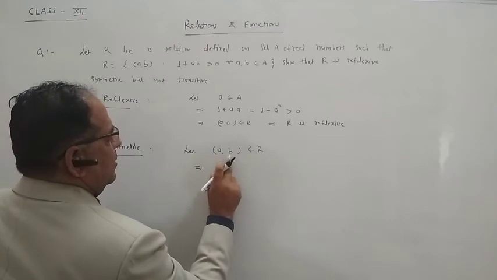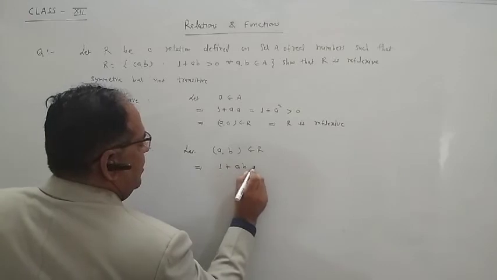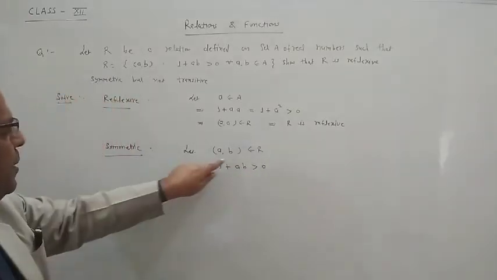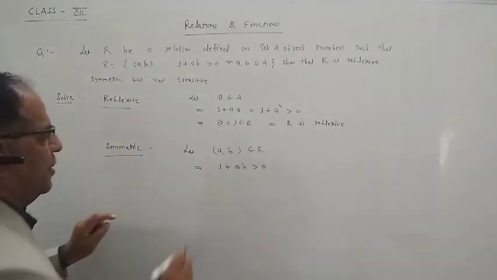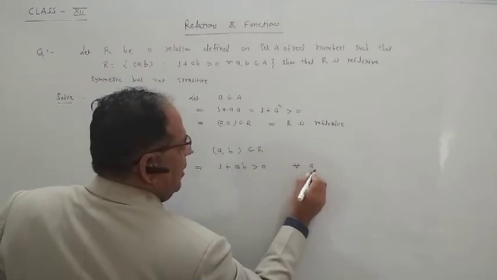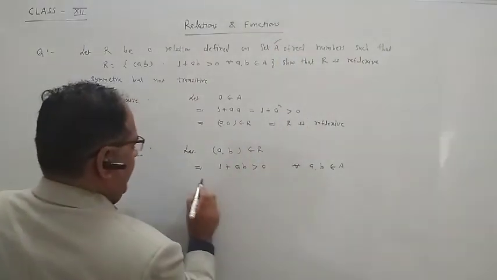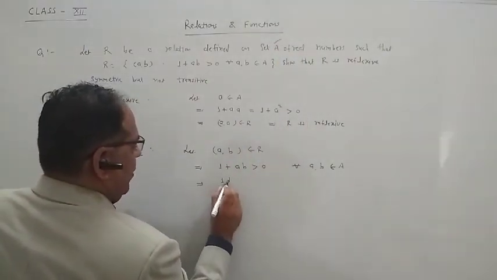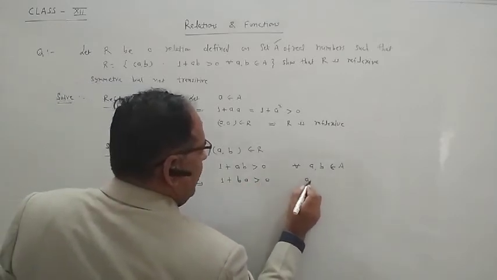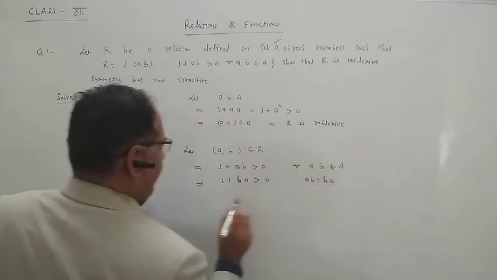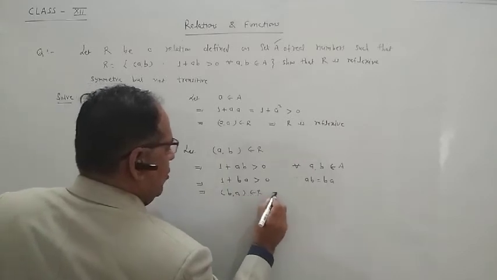So certainly this pair satisfies the defined condition 1 plus ab greater than 0. Here a and b are real numbers, elements of set A. This can also be written as 1 plus ba greater than 0, because ab equals ba. So this implies that (b, a) belongs to R, so R is symmetric.